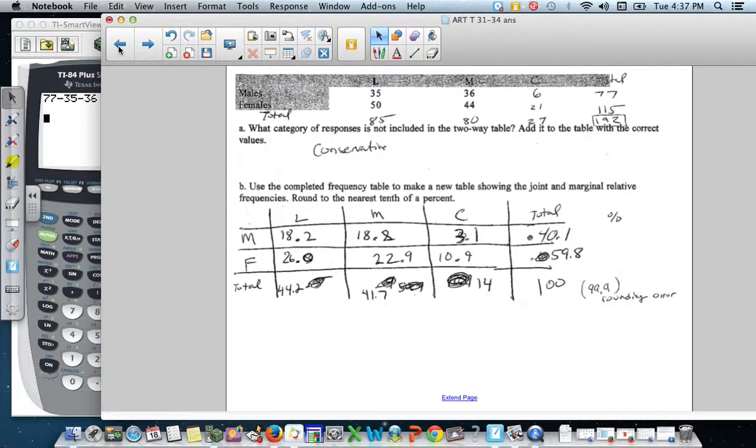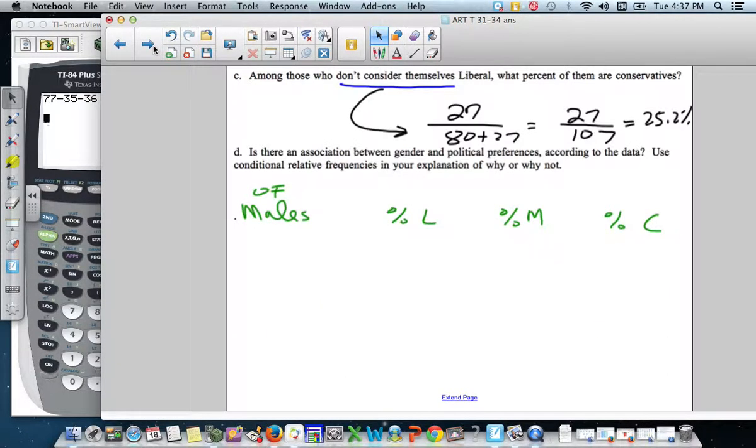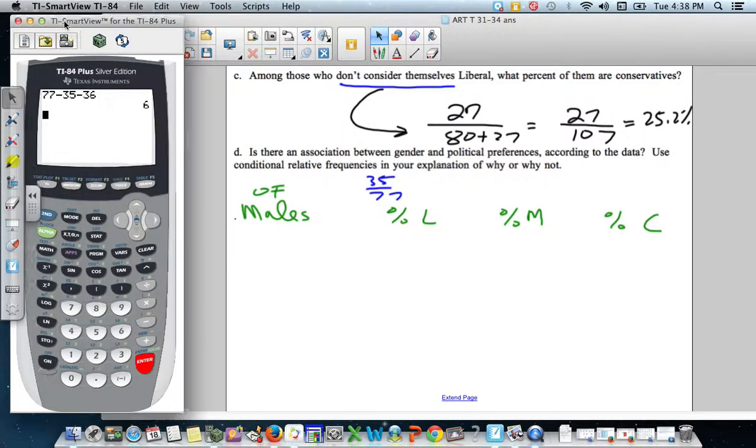So to do that, I'm just looking at the males. There are 77 males total, out of which 35 are liberal. So 35 out of the 77. That's the condition of being male. And I can figure out what that percentage is.